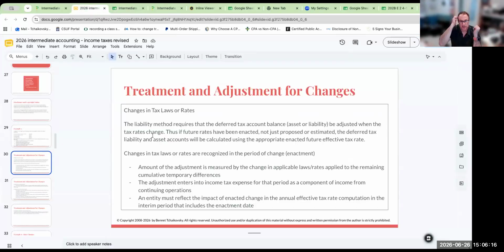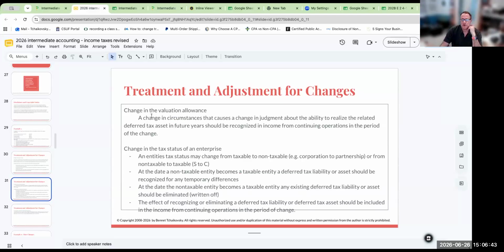Well, we're going to have to go through and make the appropriate computation. We're not going to go back and restate anything, because this is really an estimate. We're making the best estimate we possibly can at the end of the particular time period, and so we're going to handle those kinds of things prospectively.